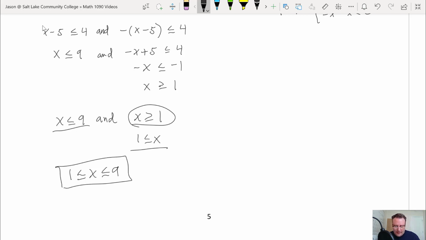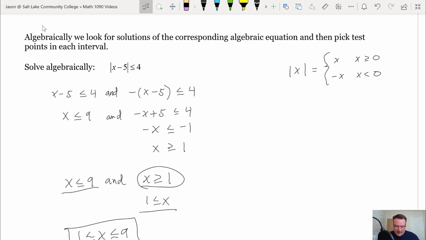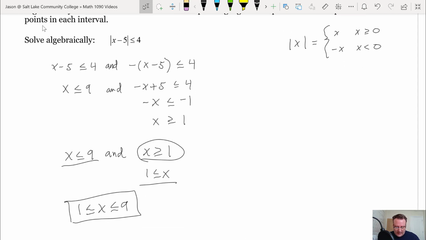So there's the solution as an inequality. We could also write it as an interval. The interval would be the closed interval from 1 to 9. But that's really the long way of doing this.